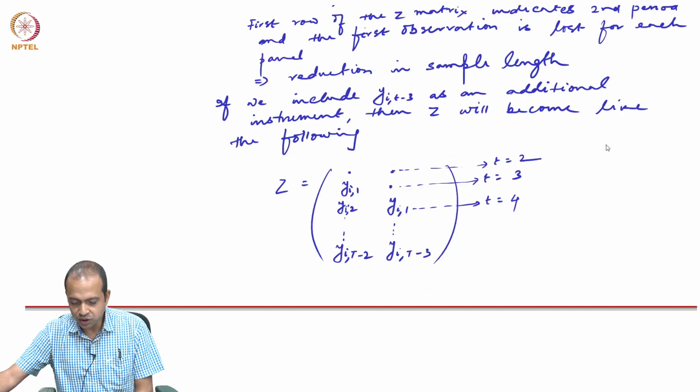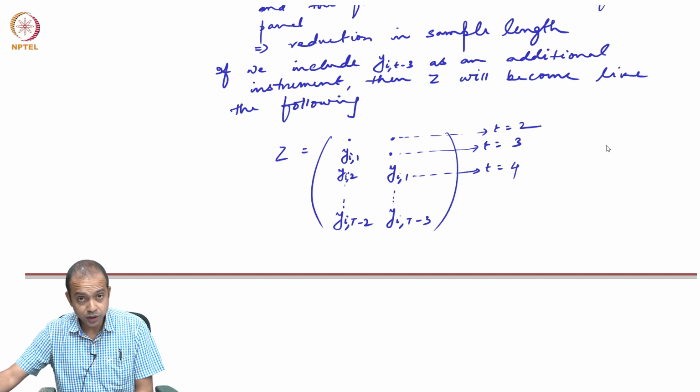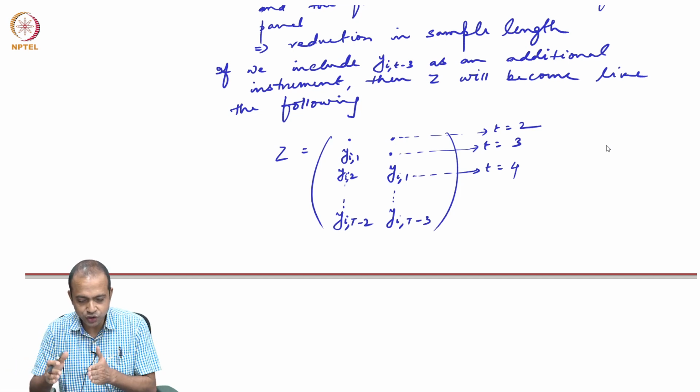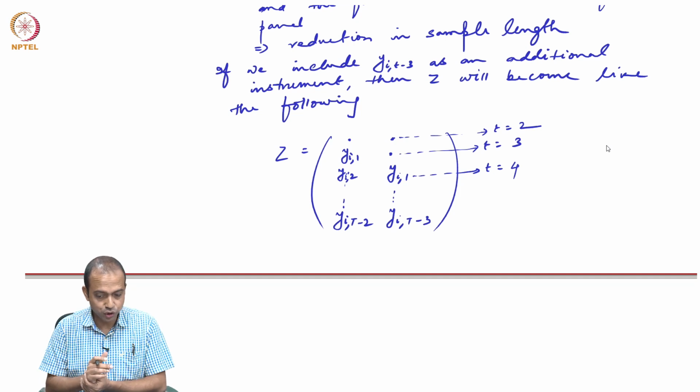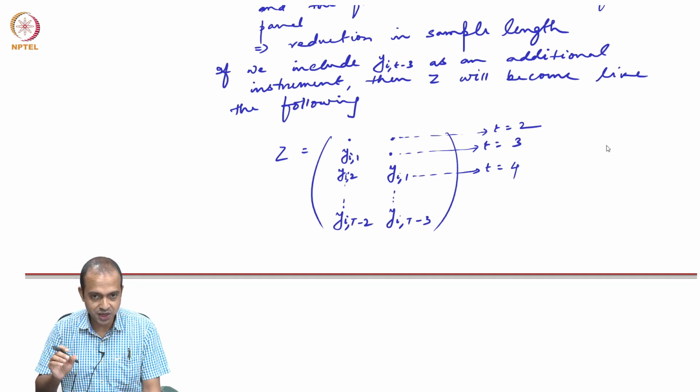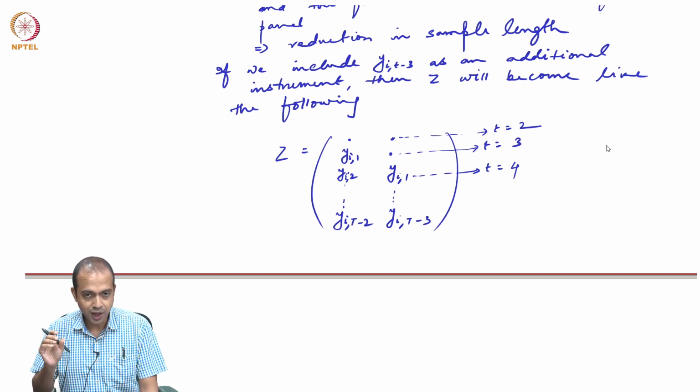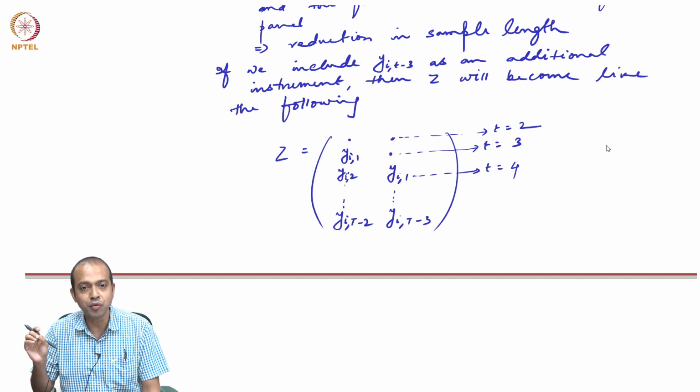When we use the third period lag also as an additional instrument, I am getting more instruments, more orthogonality conditions, but at the same time I have fewer observations available for my estimation.